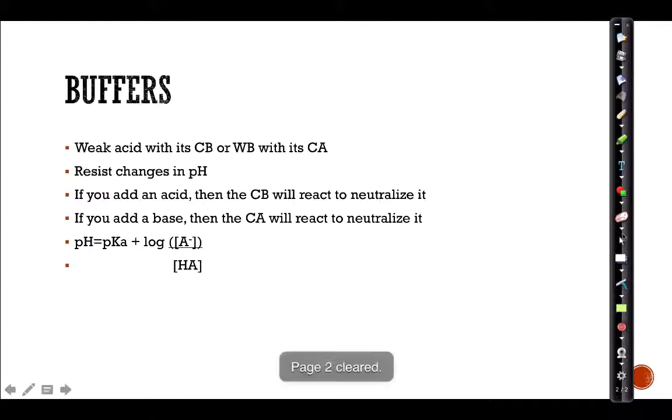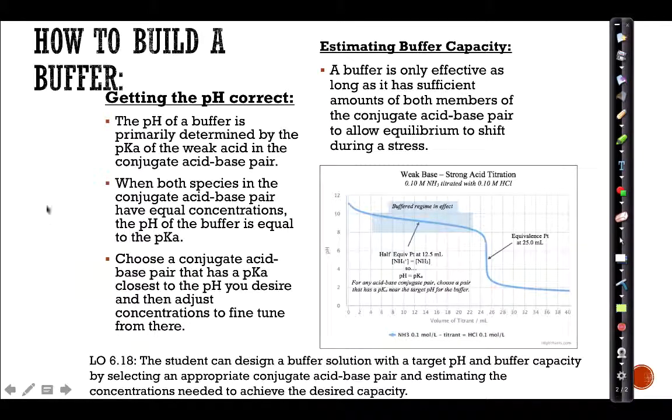And that's really the best way to build a buffer: pick something that has a pKa close to the pH that you want to keep your solution at, and then keep these concentrations equal. So if we're building a buffer, the pH of the buffer is determined by the pKa. You're going to look at your weak acids and pick one that has a pKa close to the pH that you want.